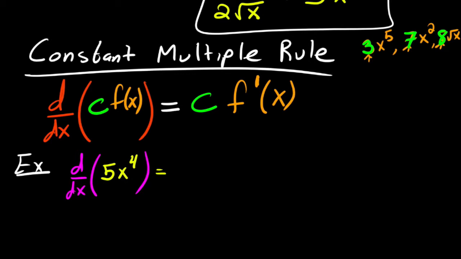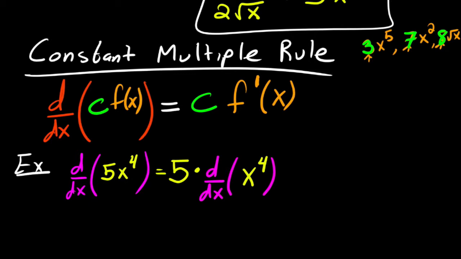Okay, so I already know how to find the derivative of x to the fourth. Now here I have a constant multiplying it. So I'm going to leave the 5 alone, and I'm going to multiply that. Now I'm going to write this longhand the first time. We're not going to do this later when we get better. But what the constant multiple rule says is that you can leave the constant out of it and then just find the derivative of x to the fourth.